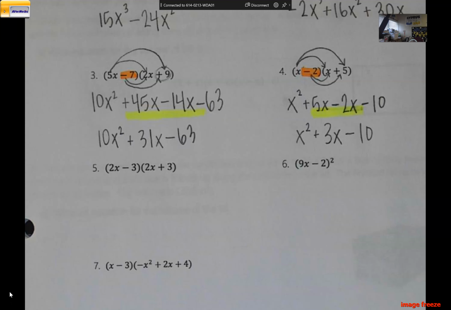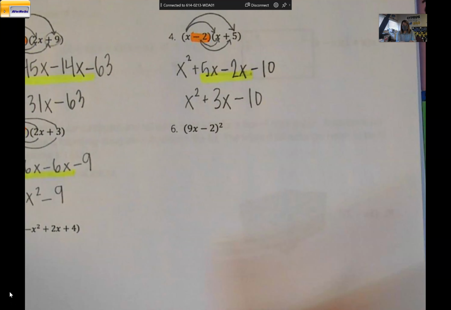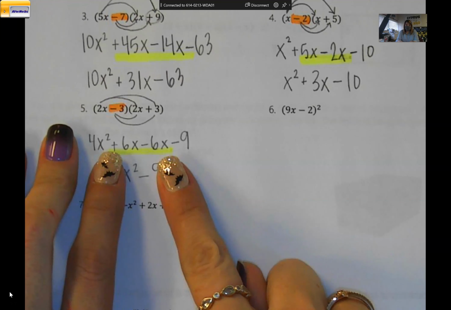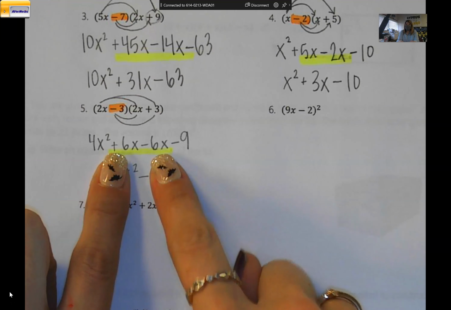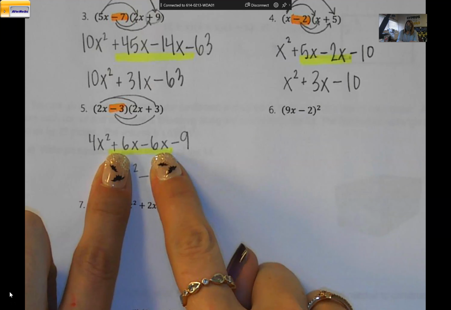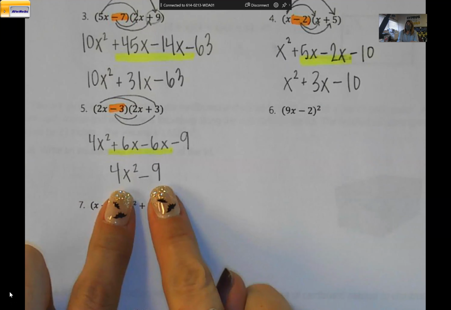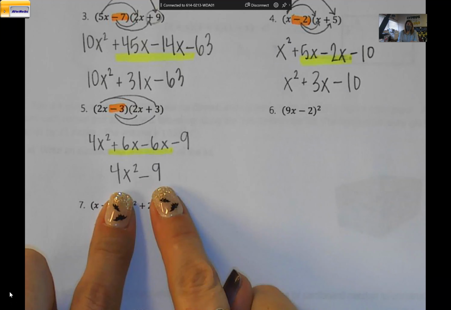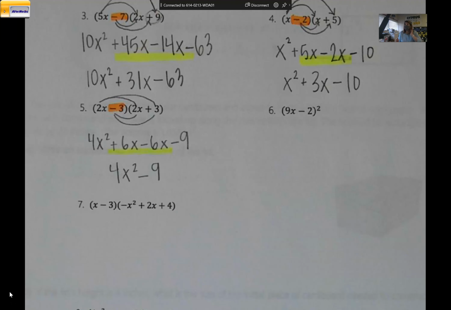Okay, so this one is slightly different in that when you multiply it out, your middle two terms cancel each other out. So you get a positive 6 and a negative 6. Those go to 0. So the best way to write that is 4x squared minus 9, because those middle terms cancel each other out. You guys okay with that one? You're sure? Okay, next one.